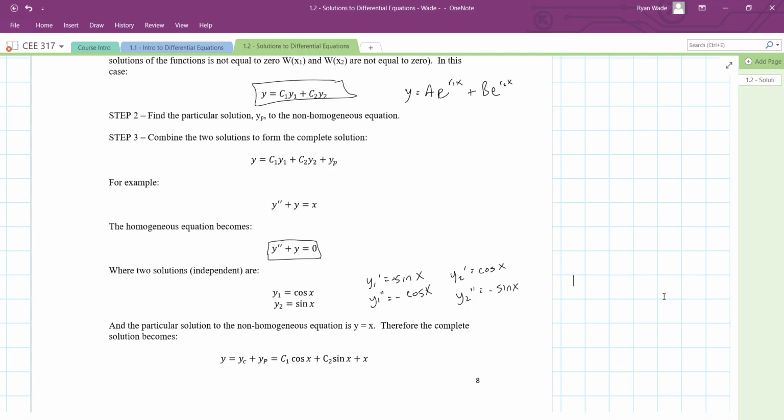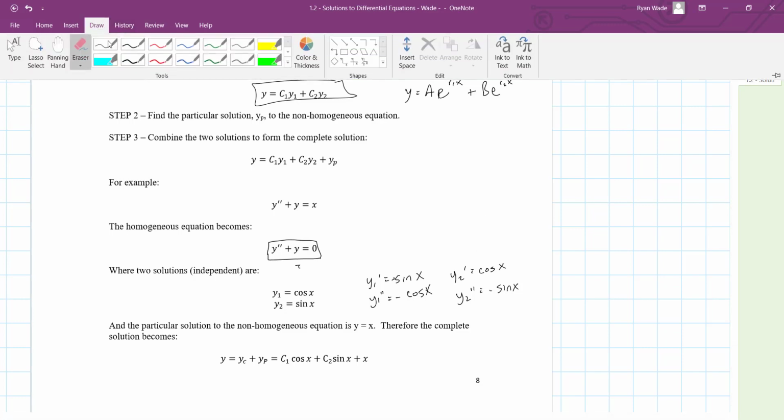And we can plug them back into the original equation. I'm getting ahead of myself here.